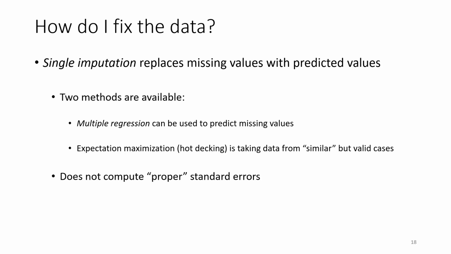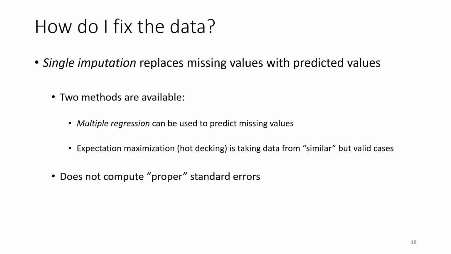The third approach to treating missing data is known as single imputation, and this replaces missing values with predicted values. So this is an improvement over both mean substitution and listwise deletion. Why, you might ask?